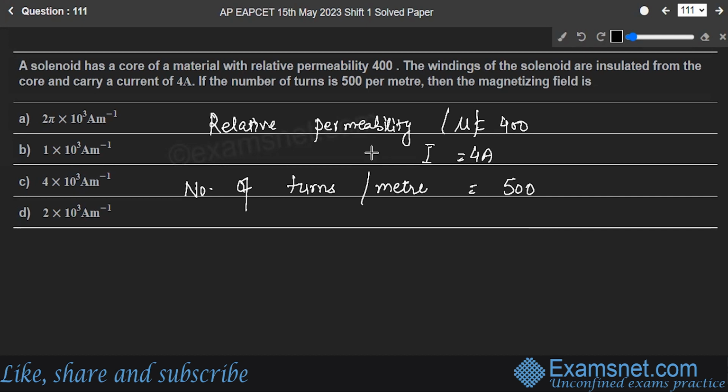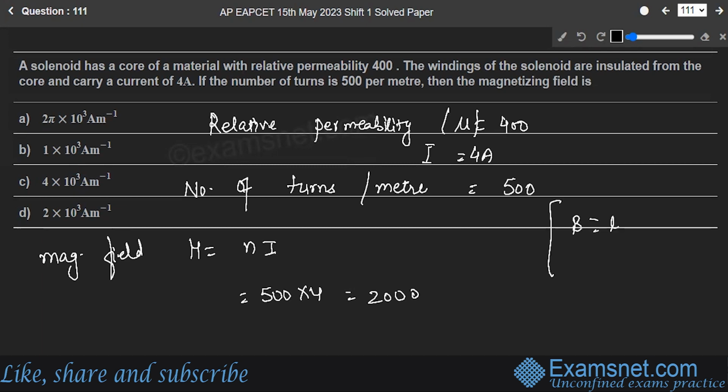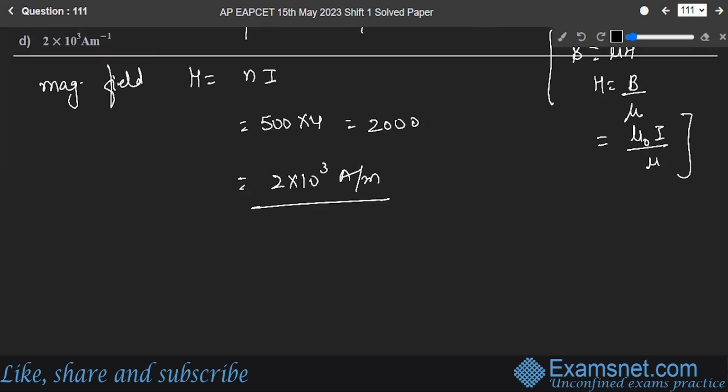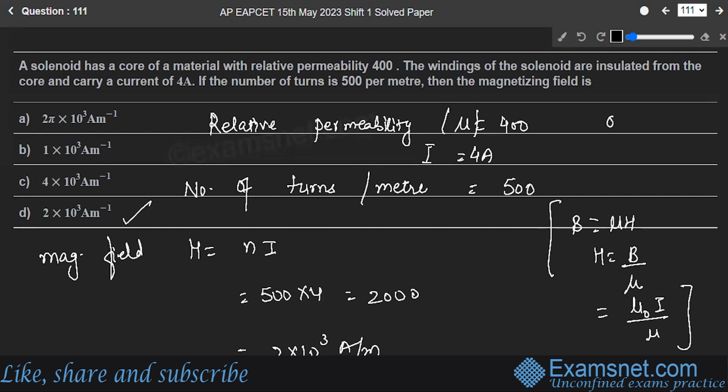So the magnetizing field H is equal to N into I. So this is equal to 2000. Why is that? Because you have B is equal to mu H, and H is equal to B upon mu, and this is equal to mu naught N I upon mu. So you have H as 2000, which is equal to 2 into 10 power 3 ampere per meter. That makes option D the right answer.